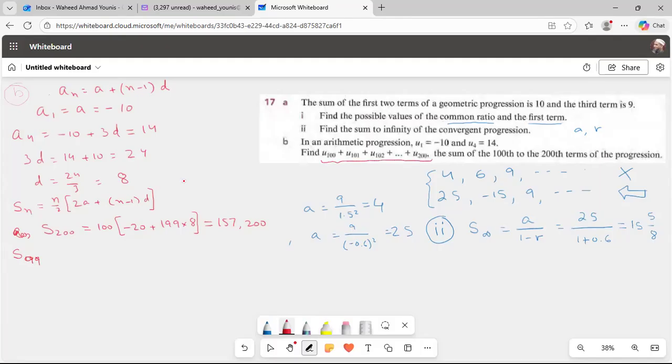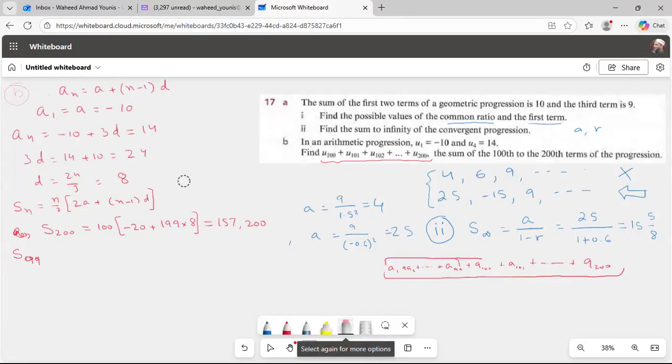What I'm trying to say is, let's say first term is A1 and then A2 and then it goes up to A99 and then next one is A100 and then A101 and it goes up to A200, right? So what I'm going to do, I will add all of them first and find S200. Then I will subtract the value from A1 to A99.